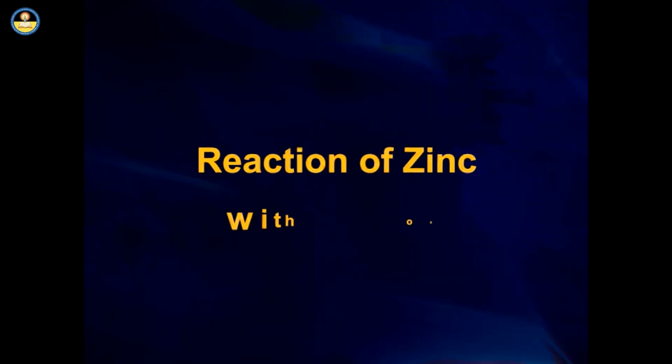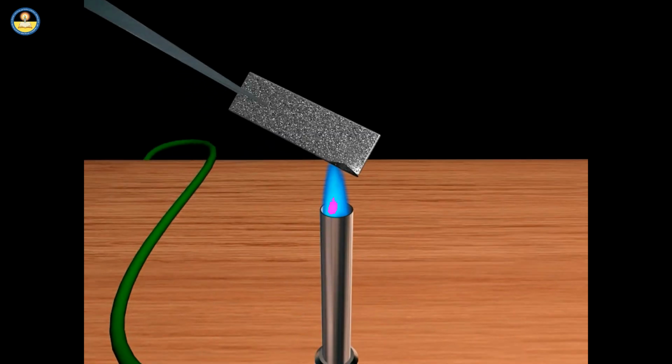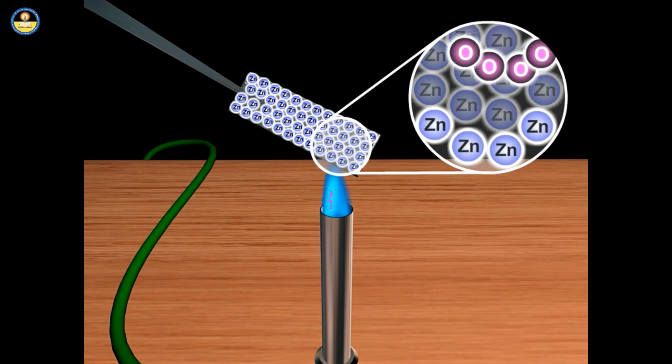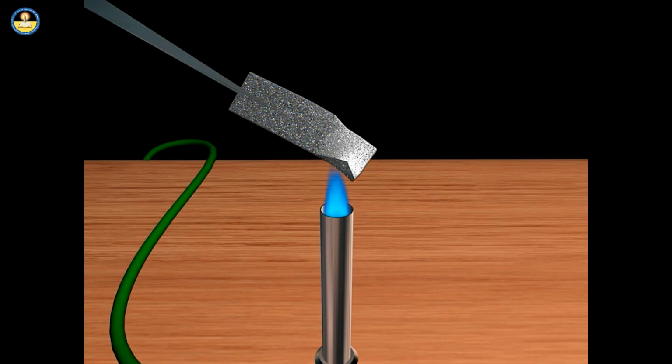We will next learn about the reaction of zinc with oxygen. Zinc metal, when heated with oxygen, forms zinc oxide. This oxide is amphoteric in nature.